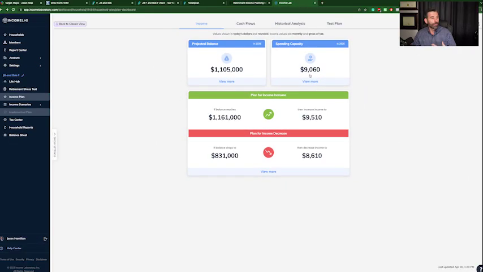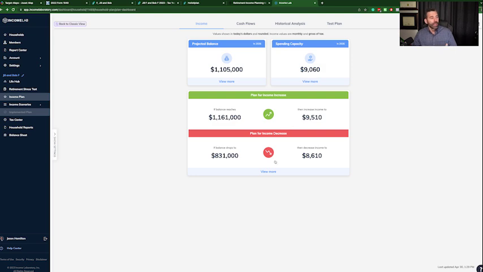Okay, so their projected retirement date for 2026, their accounts are projected to grow to 1.1 million. And then at that time, including all the other incomes that they have, they're projected to have a safe spending number of $9,060.